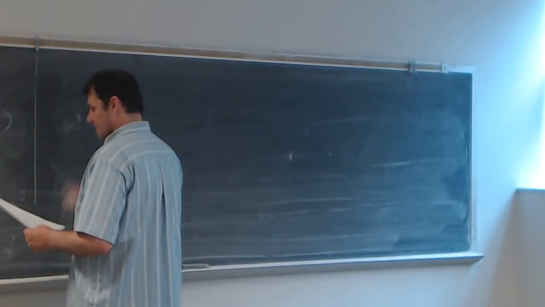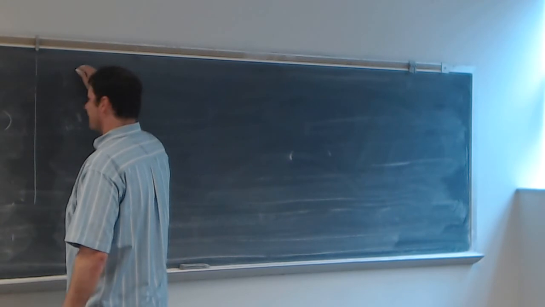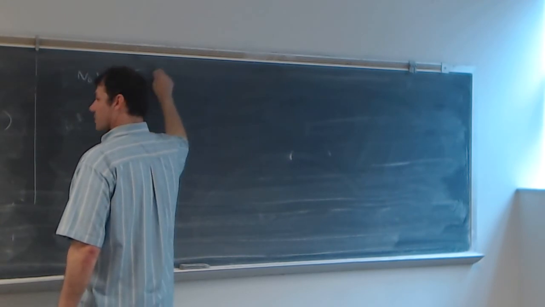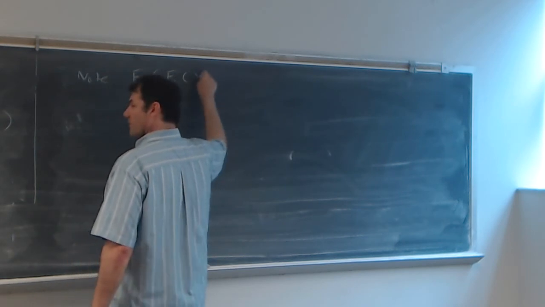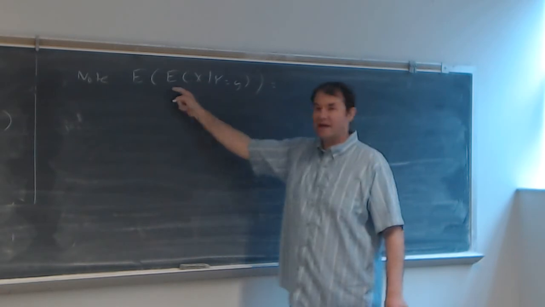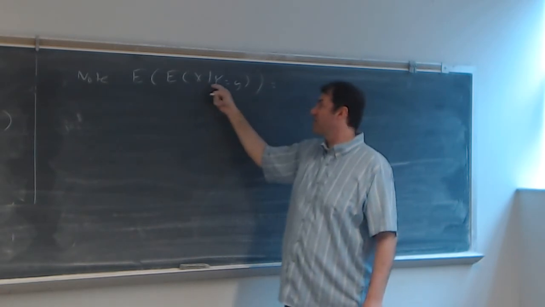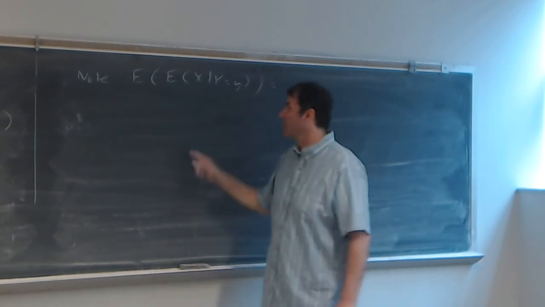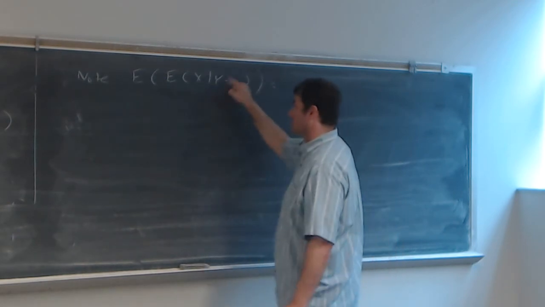So, when x and y are discrete, note the expected value of x given y equal to y. So we had a fact that said the expected value of x given y equal to y, the conditional expectation, is a random variable that's a function of y. So since they're discrete, this is going to be discrete.